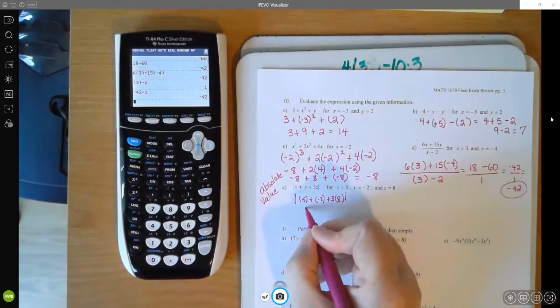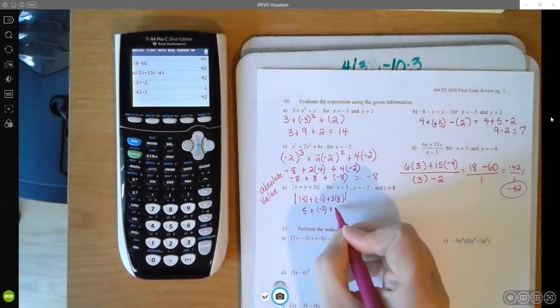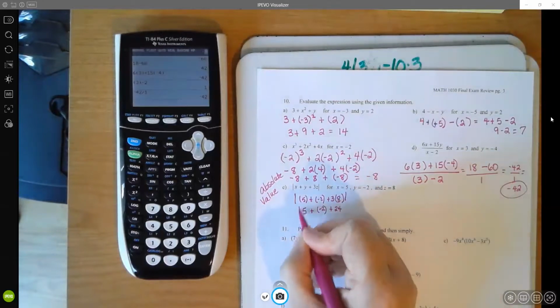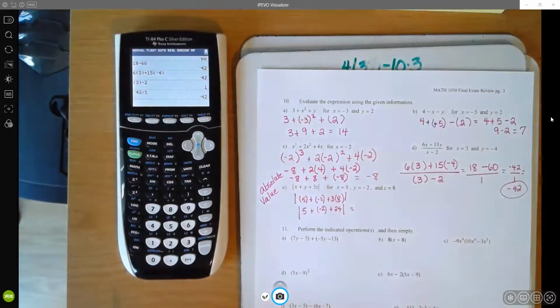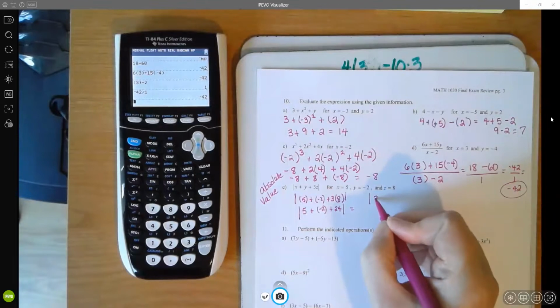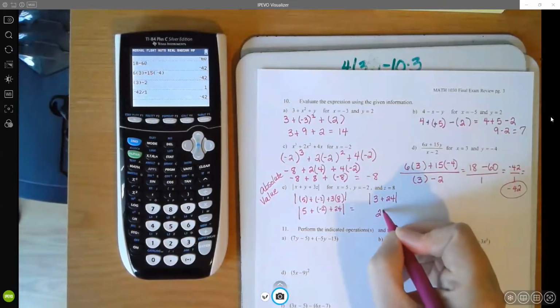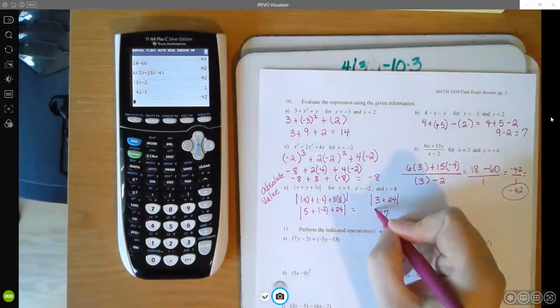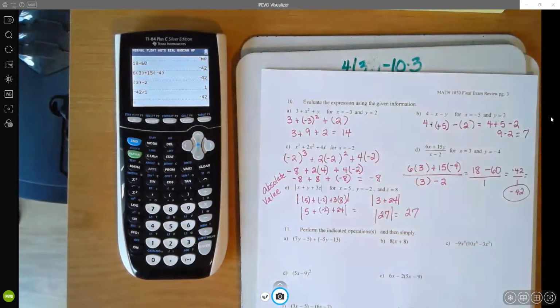And so I would do that multiplication, 5 plus -2 plus 24. And in this case, I think it's going to turn out to be positive anyway. 5 plus a -2 would be 3 plus 24, which would be 27. And the absolute value of 27 is just 27.